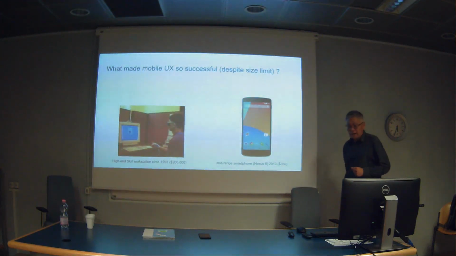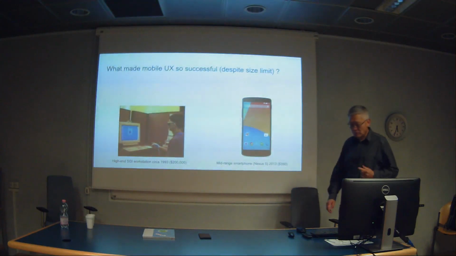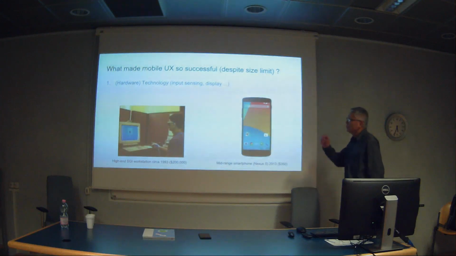Why so? What made the mobile revolution work? Many, many reasons. Number one is the progress in hardware technologies, including input sensing technologies, display technologies, and so on and so forth.